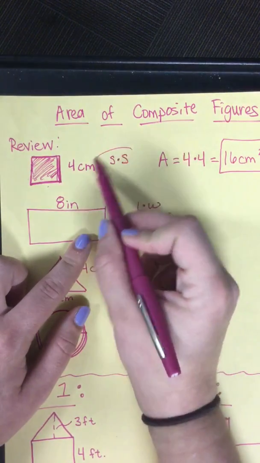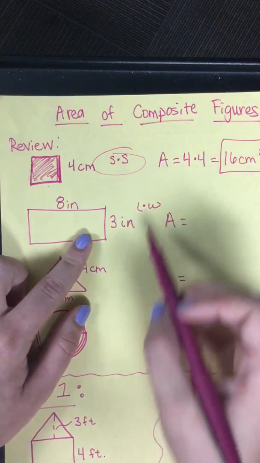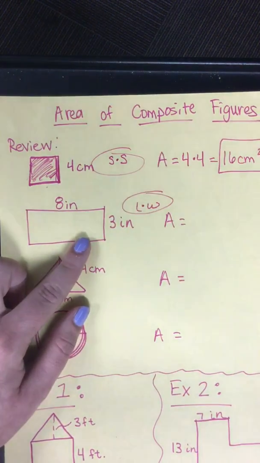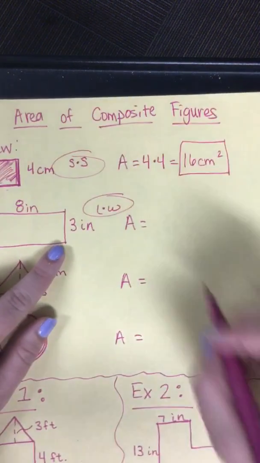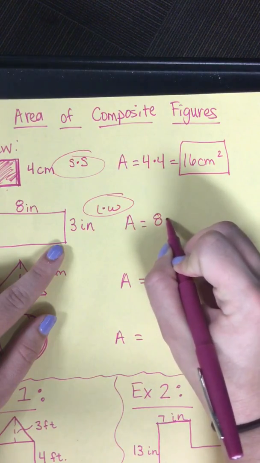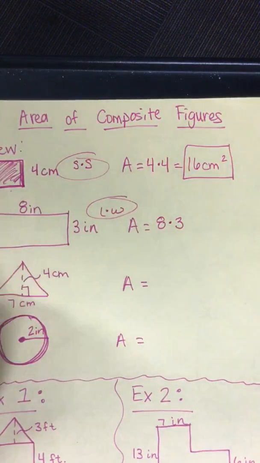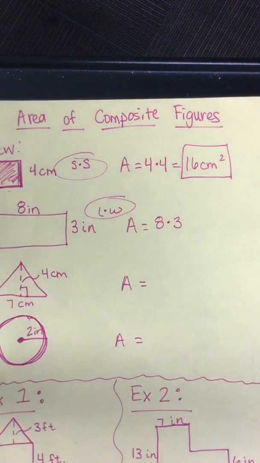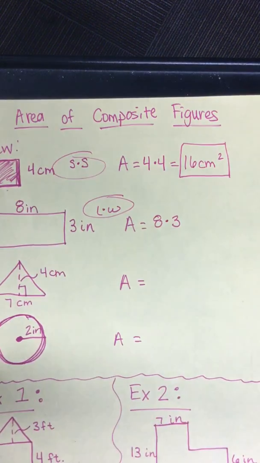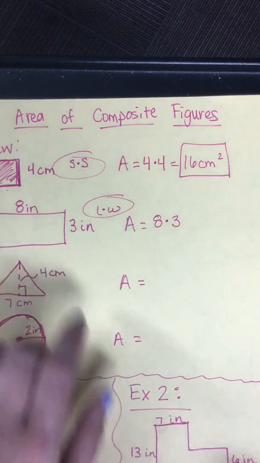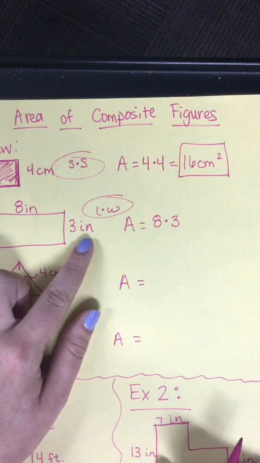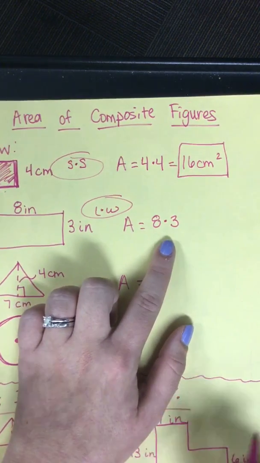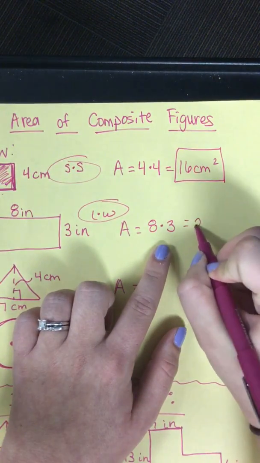Okay, go ahead and circle that square or side times side, length times width, so you remember how we did that. So in this case, we're going to take 8 times 3. It doesn't really matter which one is the length or the width, right? Because 3 times 8 and 8 times 3 are the same thing. So length times width, 8 times 3 is equal to 24.